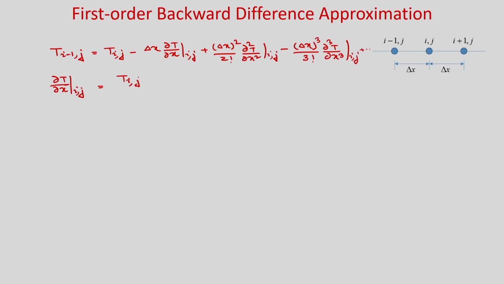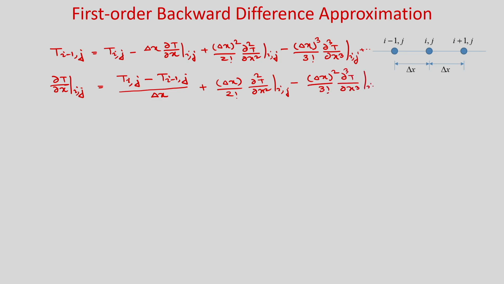Now, if you want to represent this first gradient, you can rearrange it and write T i j minus T i minus 1 j divided by delta x, plus delta x by factorial 2 del 2 T by del x square, minus delta x square by factorial 3 del cube T by del x cube at i j and so on.